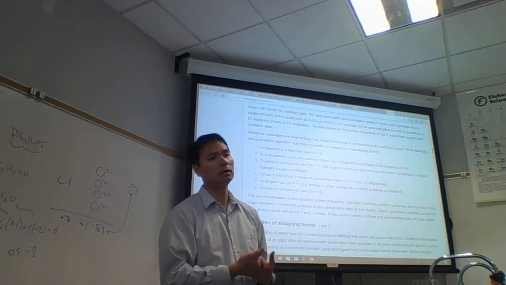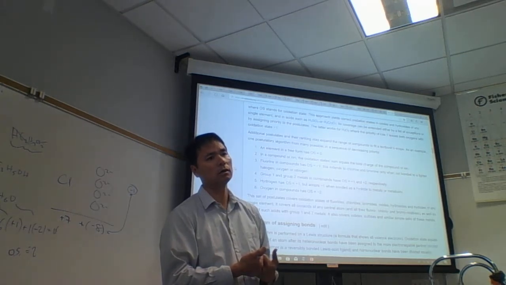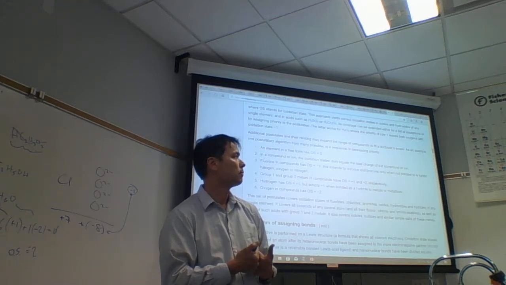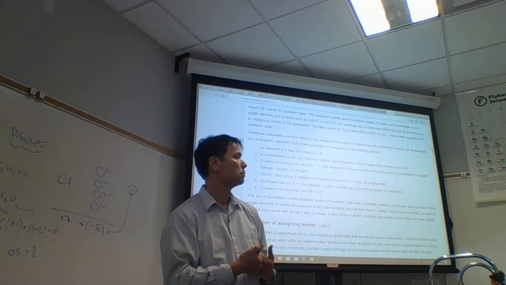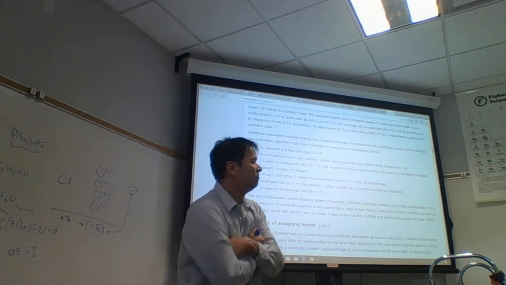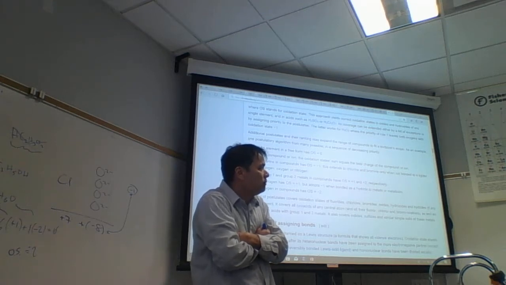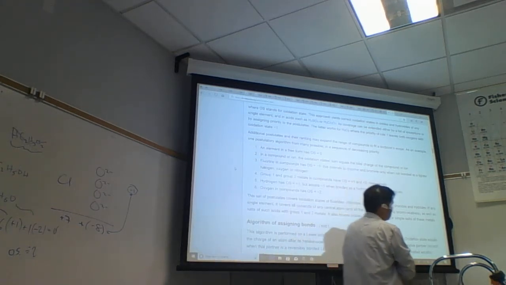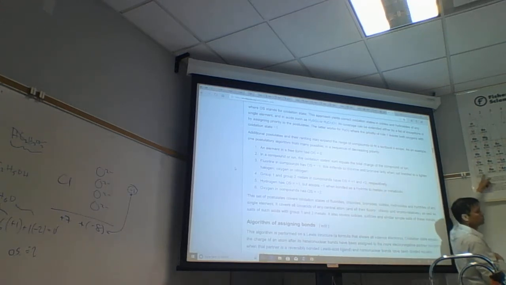Can we talk about variable and fixed, please? What does it mean? I don't quite get it. Fixed charge, meaning is that like, it just has like -1? Well, okay, variable and fixed usually refers to things like group 1. What's the charge on group 1? Fixed at +1. Okay.